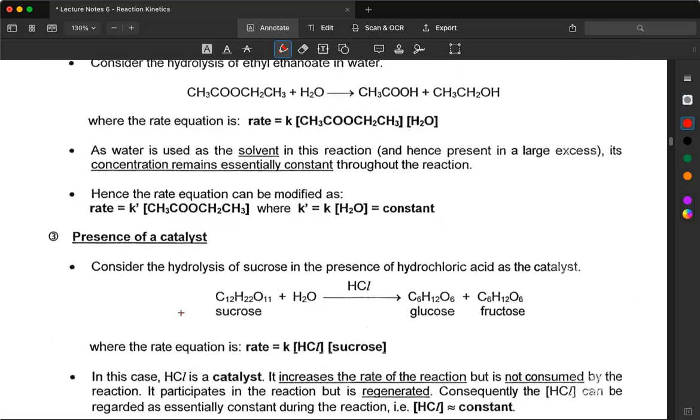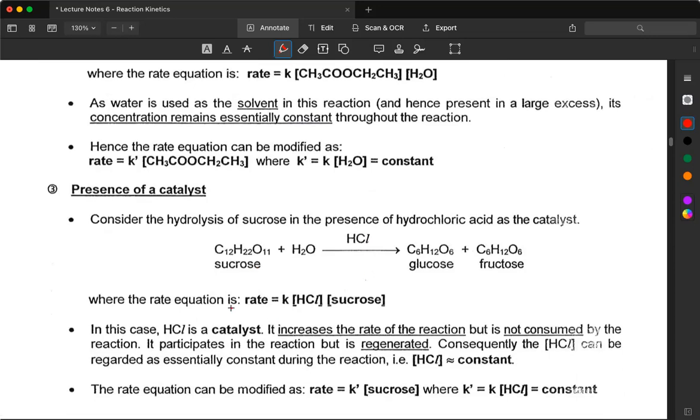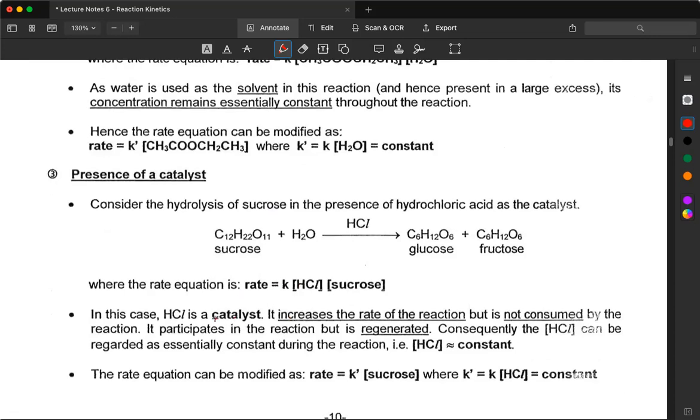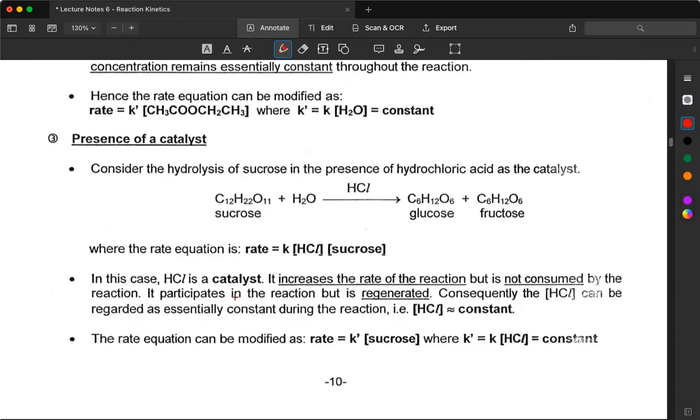If let's say there is a catalyst, like this reaction, hydrolysis of sucrose in the presence of hydrochloric acid, you can write the rate equation as this. Now in this case, HCl is a catalyst. So it will increase the rate of reaction, but it is not consumed. It participates, but it is regenerated.